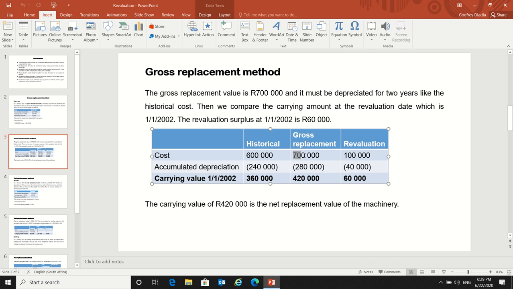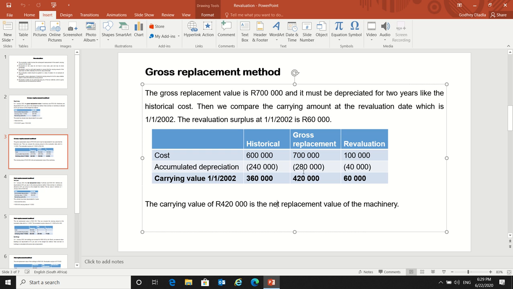You put your 700 in line with the 600, and depreciate it at 20% over 2 years, like under historical. 20% of this is 140, times 2 is 280, which gives a carrying amount of 420.